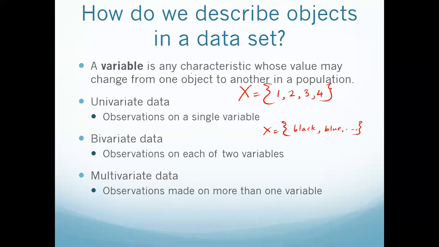Anyway, so univariate data means observation on a single variable. Bivariate means observations based on two variables, like x and y. Do you remember you plotted graphs? This kind of graph, this is x and this is y, right?